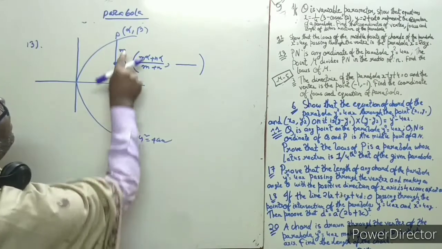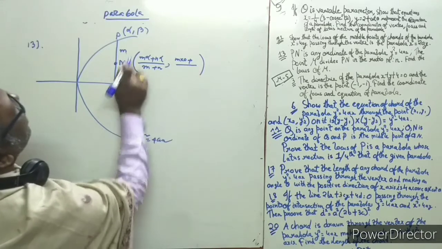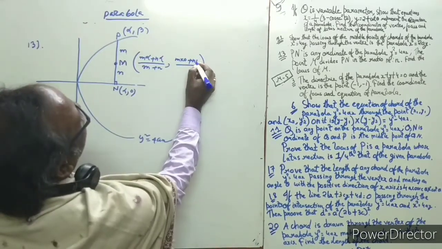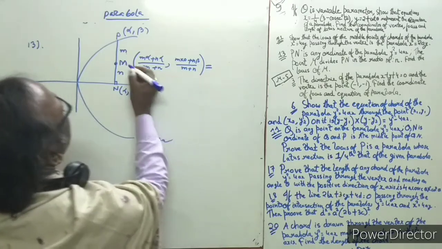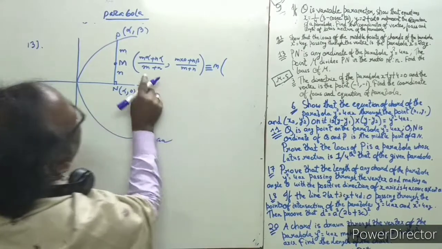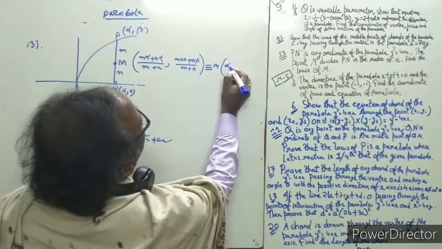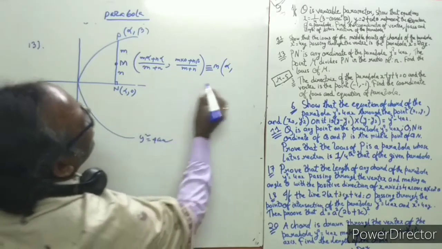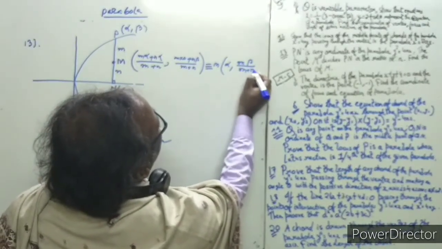And for y, m into 0 plus n into beta, divided by m plus n. Taking alpha common, m plus n cancels, so this is alpha here, and again here, the y-coordinate is n beta by m plus n.